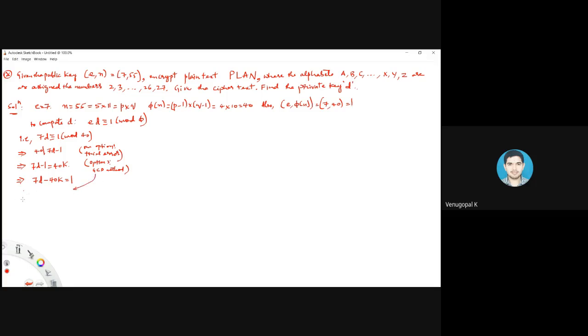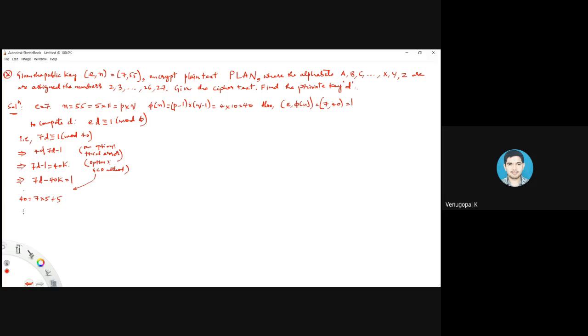So what is it that we want to do? We want to find the HCF or GCD for 7 and 40. So 40 equals 7 into something plus a remainder. Very simple numbers, no? We can do it very easily. 7 into 5 plus 5, 35 plus 5.